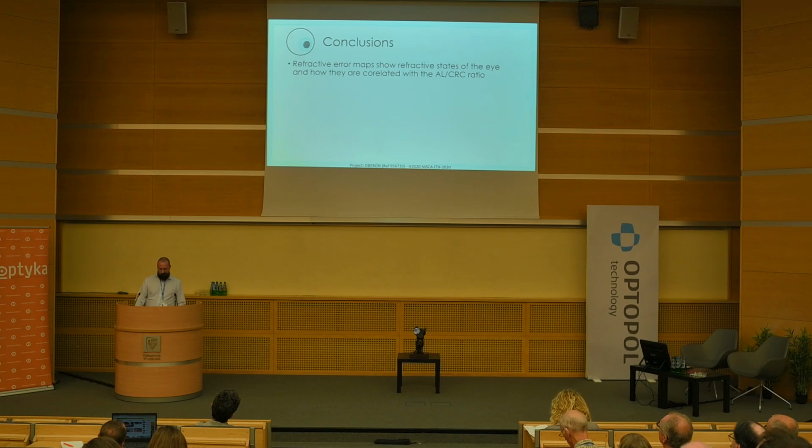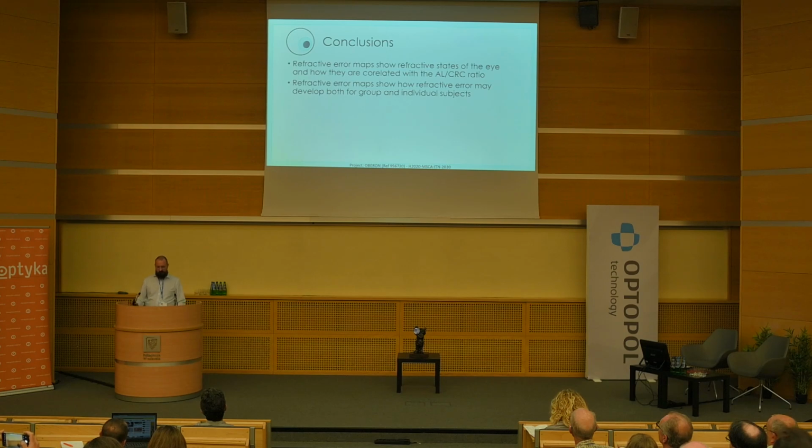So based on this, to conclude, refractive error maps show refractive states of eyes and how they are correlated with the axial length to corneal radius ratio. The refractive error maps show how refractive error may develop, both for groups and individuals.